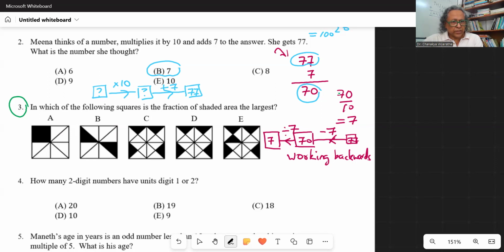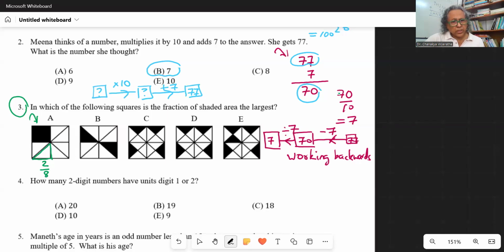You can see that these are all congruent triangles, equal in shape and size, and two of those triangles are shaded here. So the shaded area here is 2 over 8.